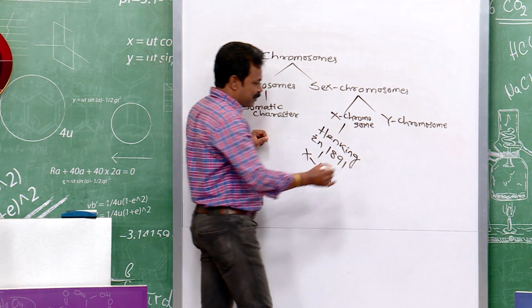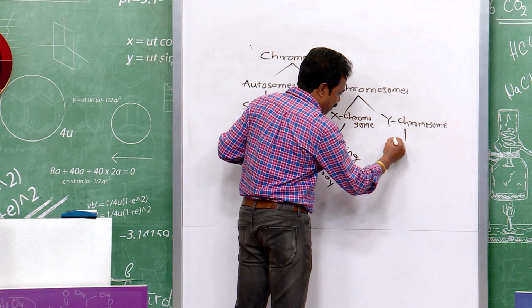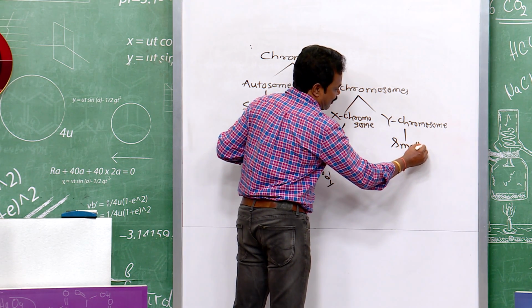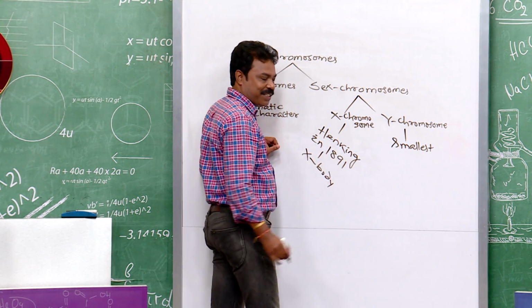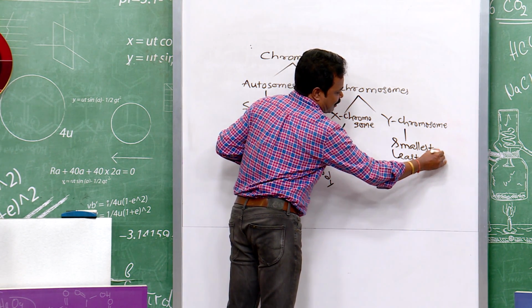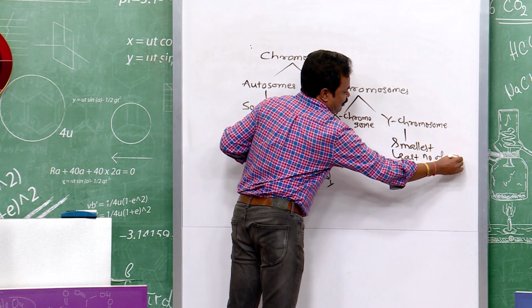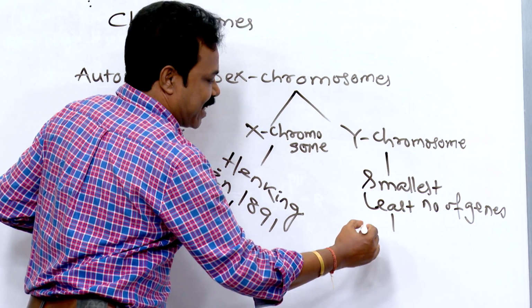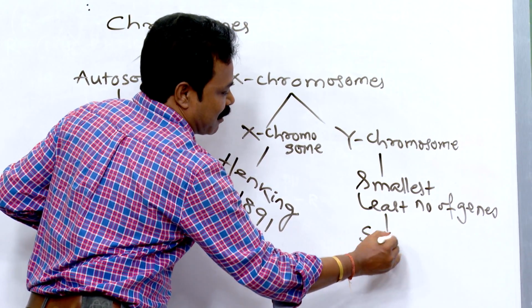The Y chromosome is the smallest chromosome of our body with the least number of genes, and is the sex determining chromosome.